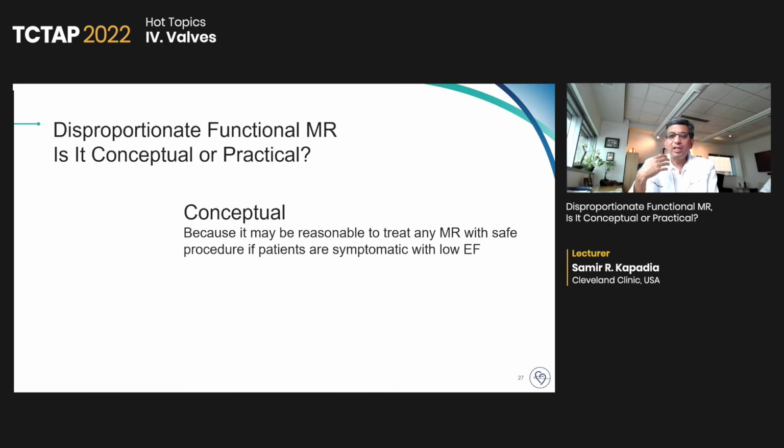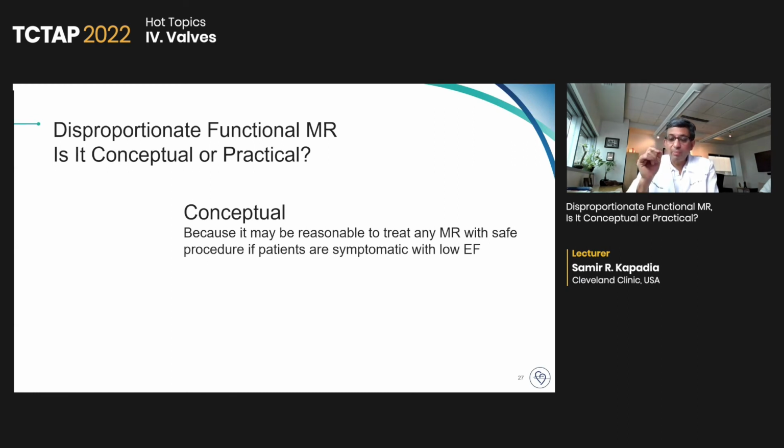I personally feel that it's more of a conceptual idea, which is of usefulness, to say that if your mitral regurgitation is not very severe, you don't want to expend a lot of energy and risk to treat it if you are going to do a risky procedure. But if you are going to treat it simply without a lot of risk, be it a mitral clip, because again, mitral clip is super risk-free in most situations.